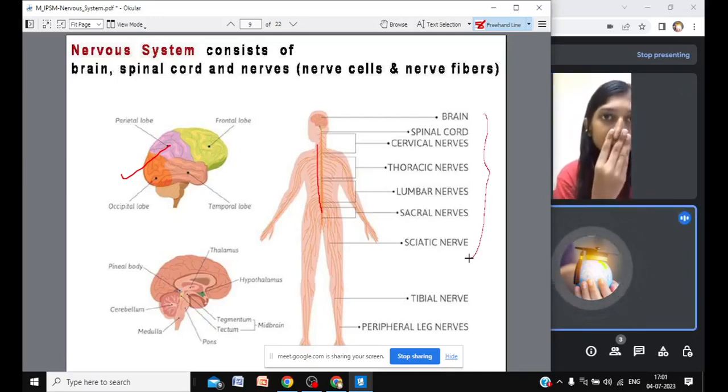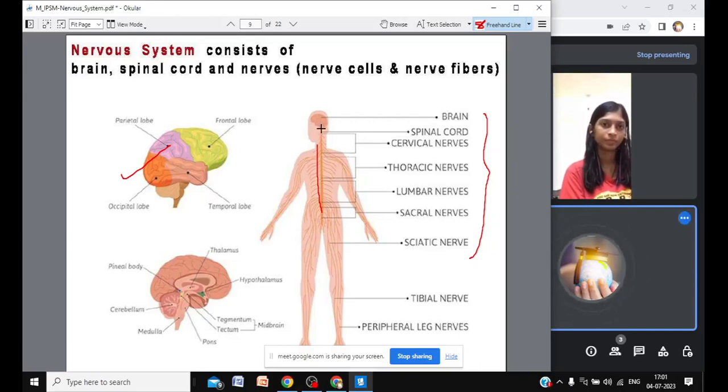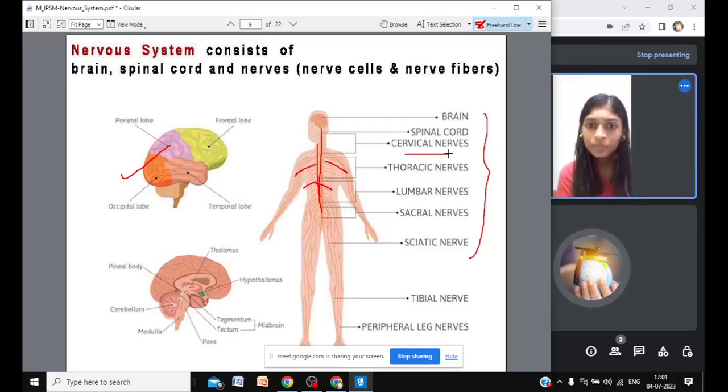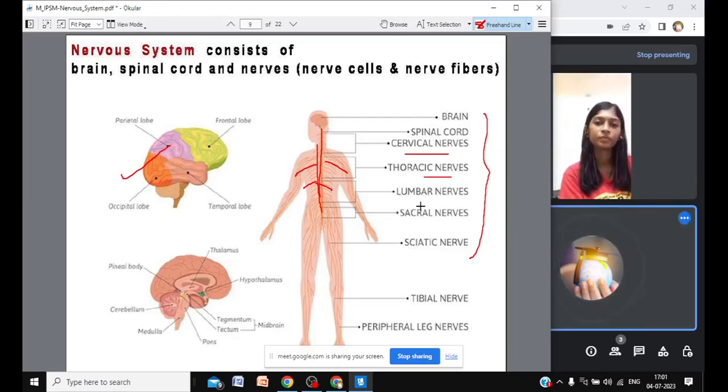They just have to remember that from different areas, different nerves are given out and they have different names. The main one is the spinal cord here, and nerves are coming out. From different regions, we have different names. They don't have to remember the names, just that they have different names.